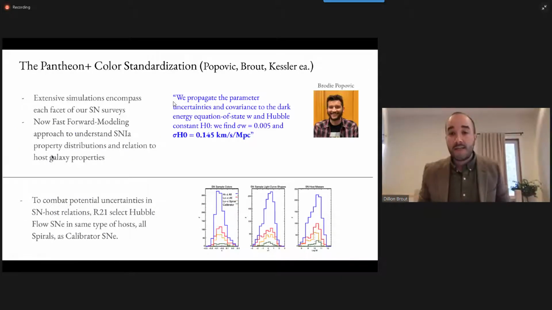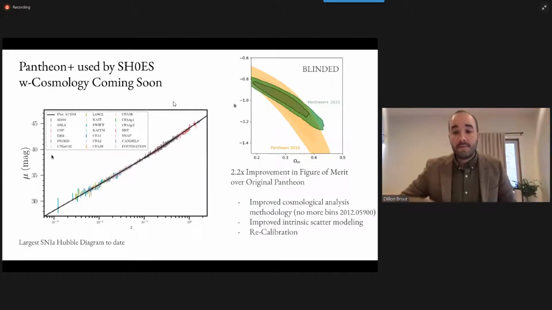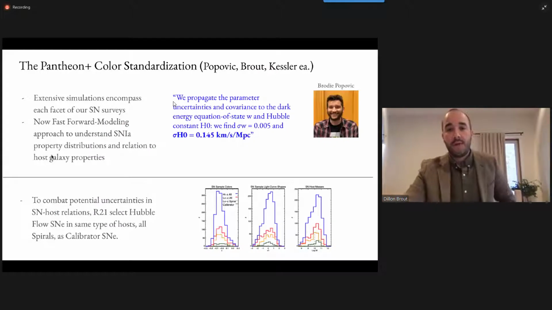And lastly but not least, graduate student Brody Popovic has been working with extensive simulations that encompass every facet of our analysis. That is from observing strategy, cadence, weather conditions, and so on, telescope properties.